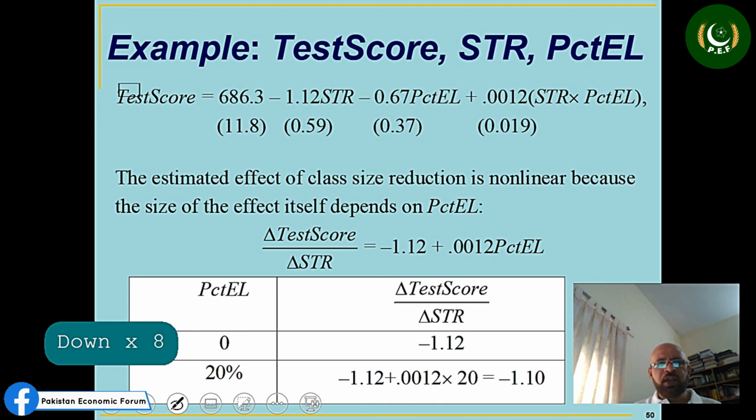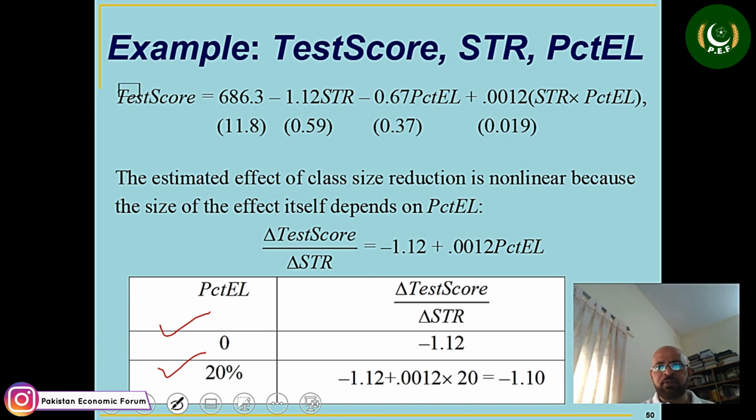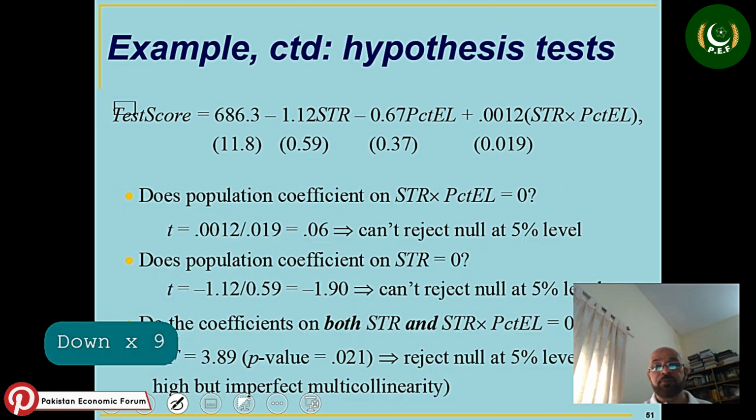Okay, this is how you can interpret, that is change in test score and change in percentage English learners, and confidence at 0%, at 20%, when you are taking different values of percentage English learner, because we are assuming both are continuous.